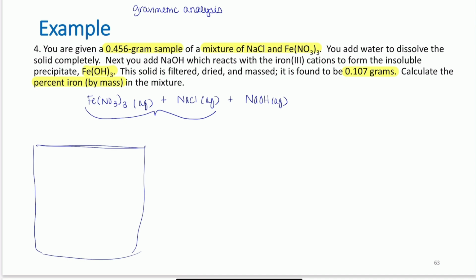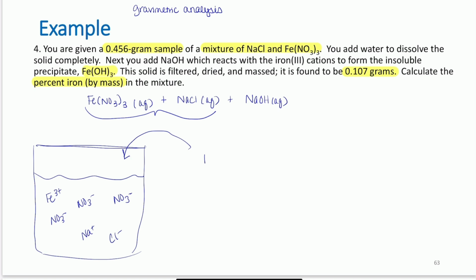I've added the solid of Fe(NO3)3 and NaCl in water. What that does is it gives me Fe3+ ions, 3 NO3- ions, Na+ ions, and Cl- ions. And these are all just floating around in solution, okay?